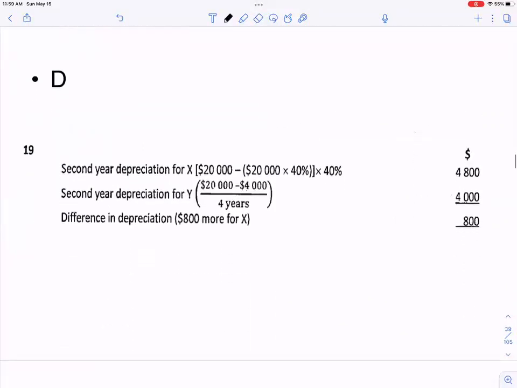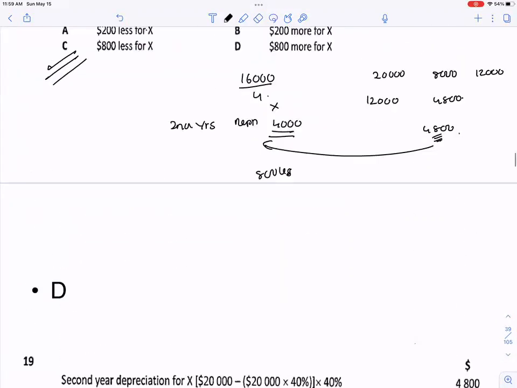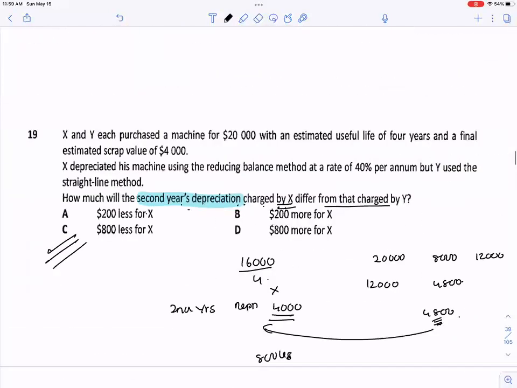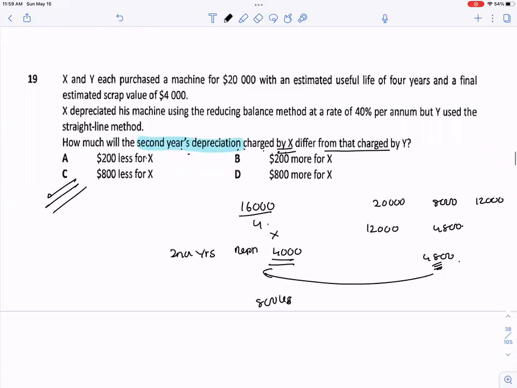Why have they said D? Okay, this is X's value and this is Y's value.